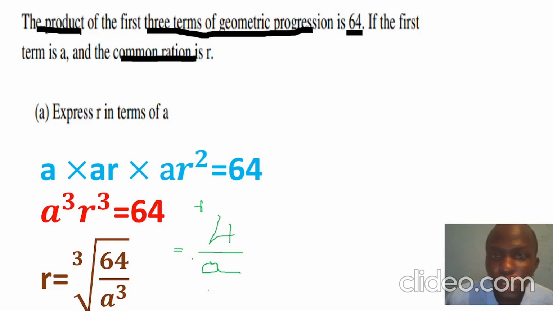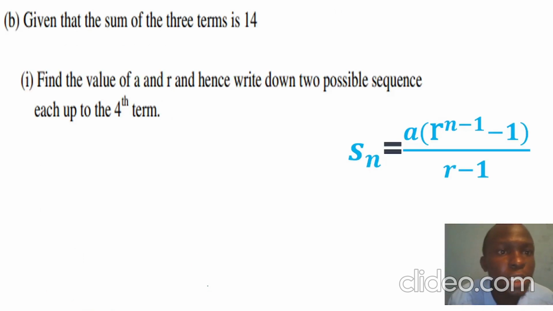Now let us go to the next part of the problem. Given that the sum of the 3 terms is 14, find the value of A and R, and hence write down 2 possible sequences, each up to the 4th term. So we have the formula.